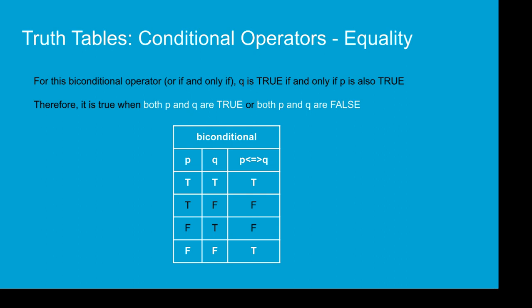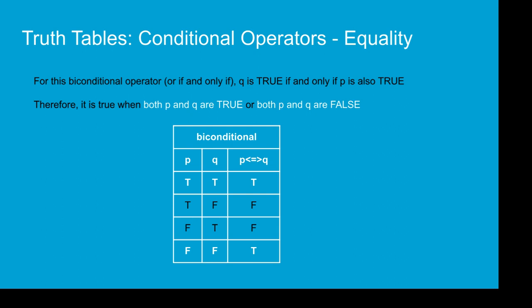And if P is true, then Q is true in order for this equality operation to hold up. All right? And it also means that if P is false, Q must be false. So they're either both true or they're both false, but they can't be different from each other. All right? That's what the equality operator means.